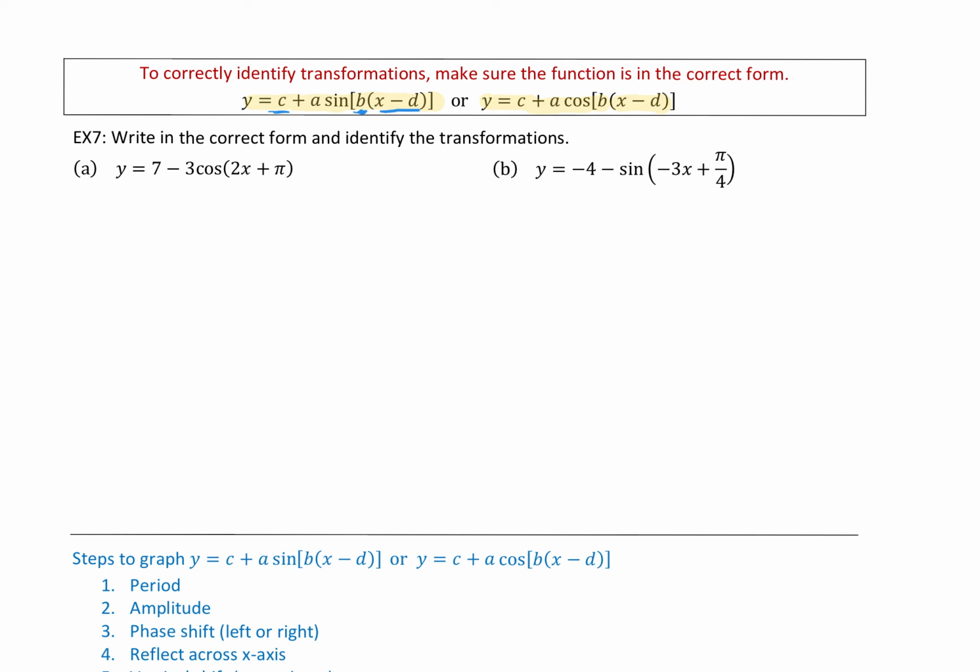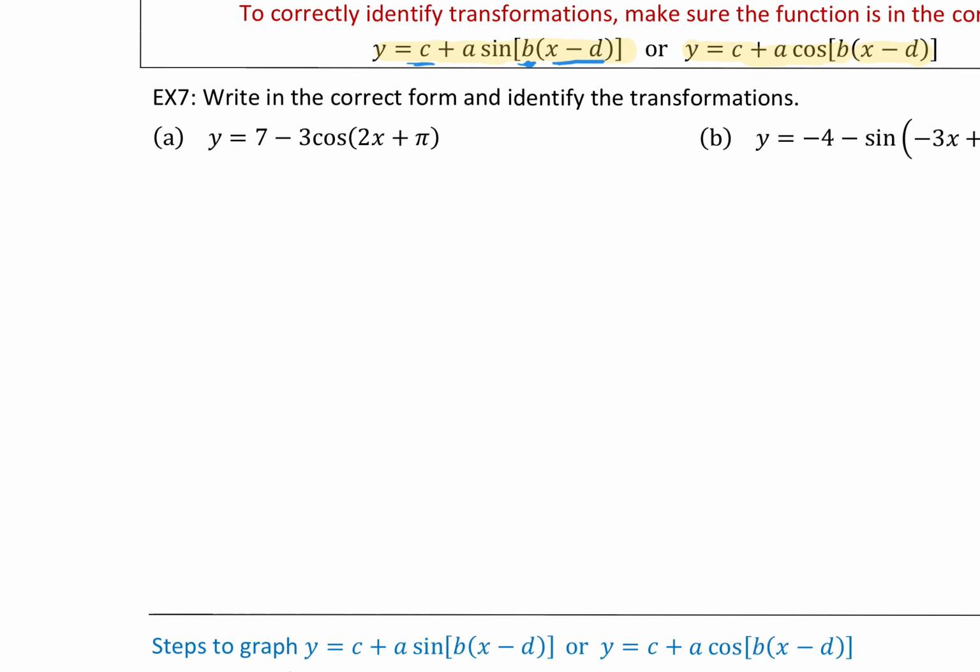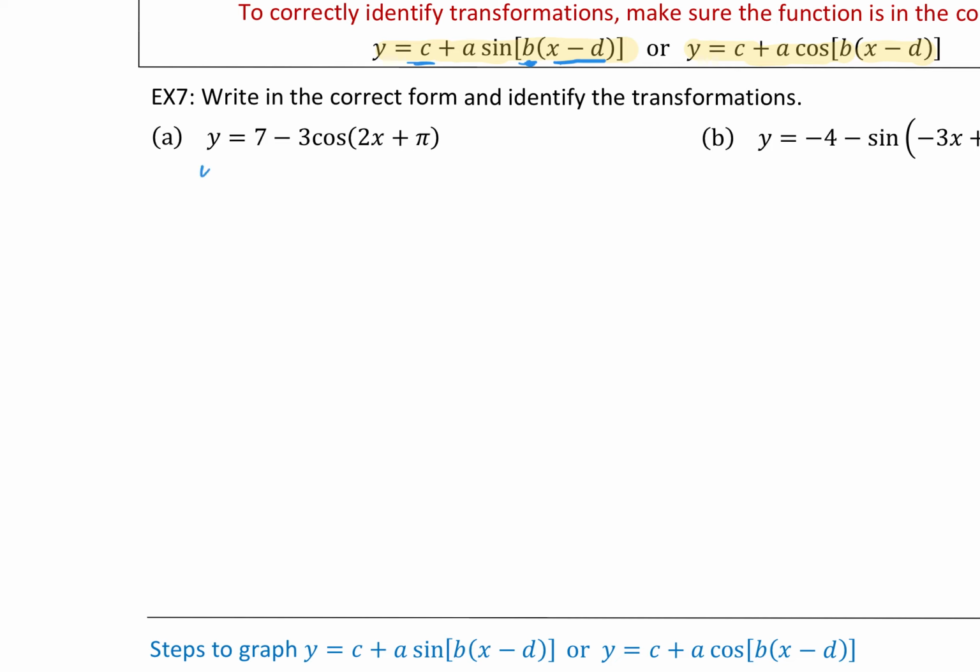In example 7a, I noticed that there's a 2 times x. That's not in proper form. So my first step would be to factor out that 2. And we would write y equal to 7 minus 3 times cosine. Factor out the 2.